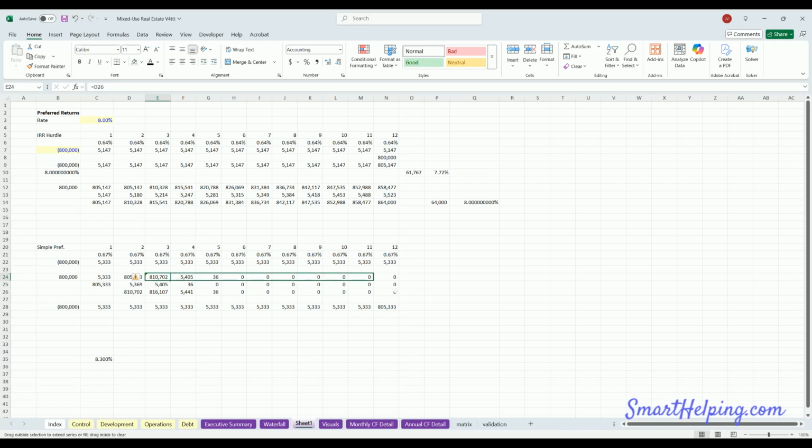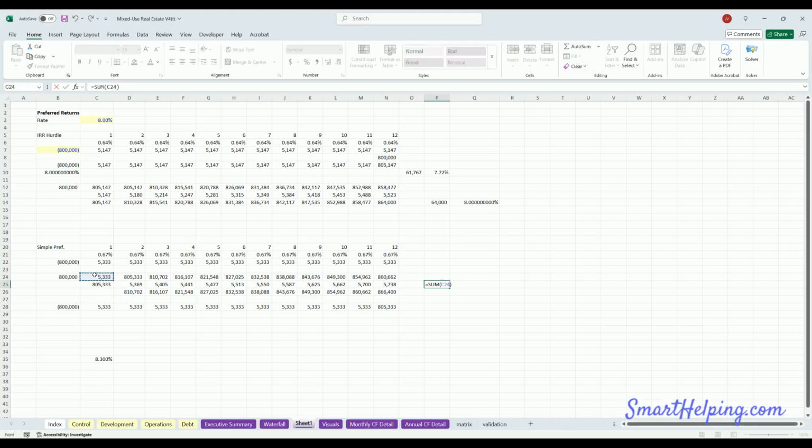Now you can see this rate due, which was the total amount. Let's just sum up: it's this plus all of these amounts. 66,000. So that's the worst possible case, the most money you have to pay out, when you're doing a simple pref and you're compounding and accruing the unpaid returns.